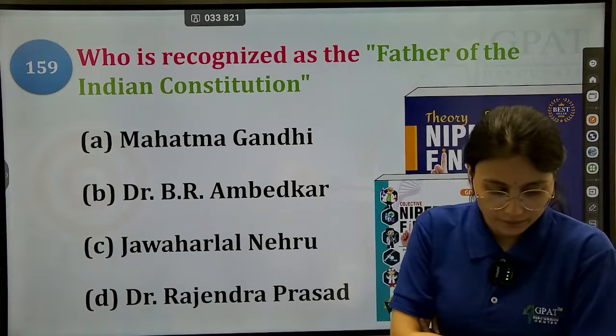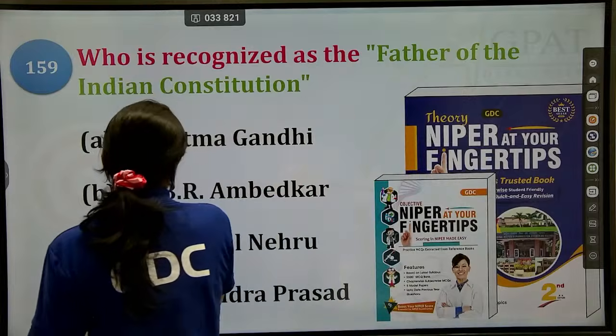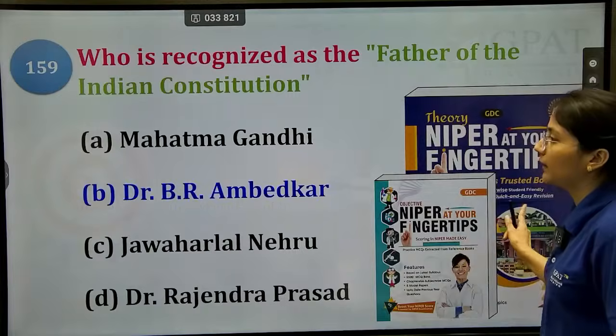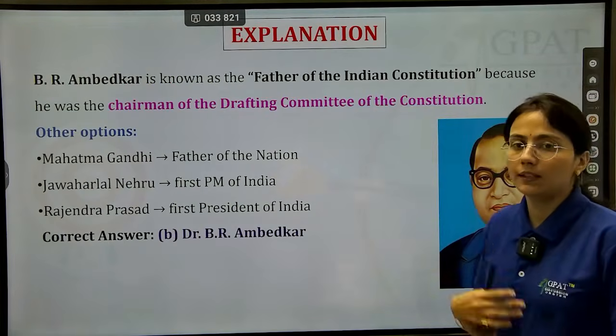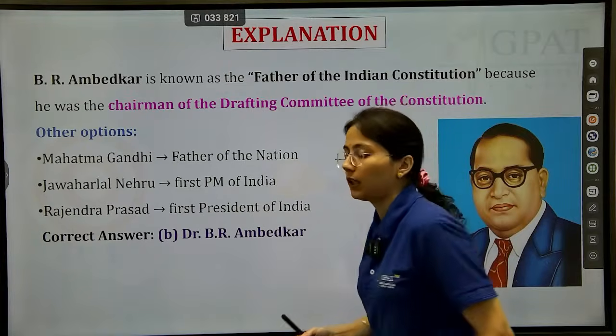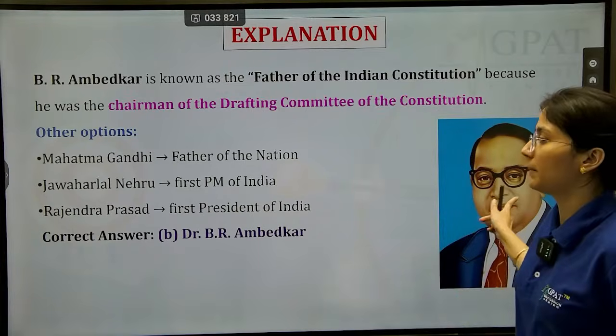Option B. Yes, very good Vasundhara. That is Dr. B.R. Ambedkar. Dr. Bhim Rao Ambedkar is known as the father of Indian Constitution. Mahatma Gandhi is the father of the nation. Jawaharlal Nehru, first PM of India. Rajendra Prasad was the first president of India.